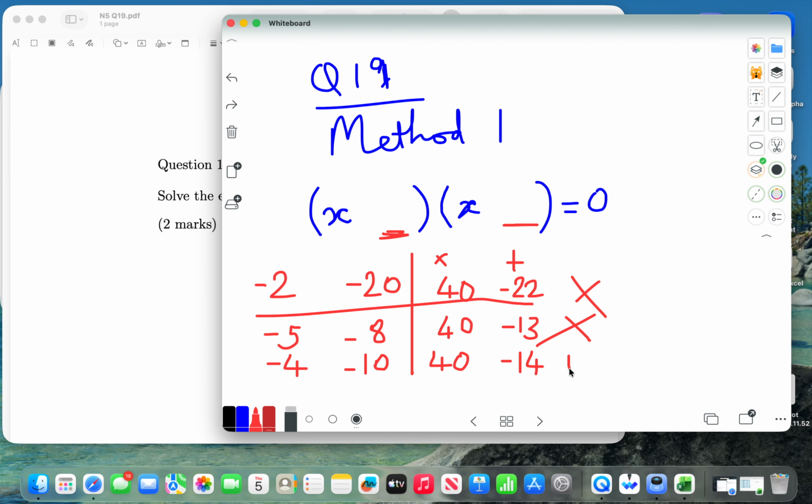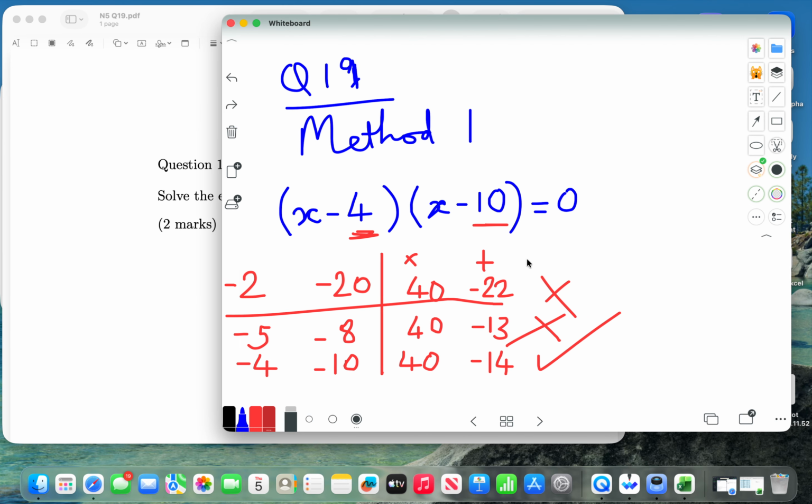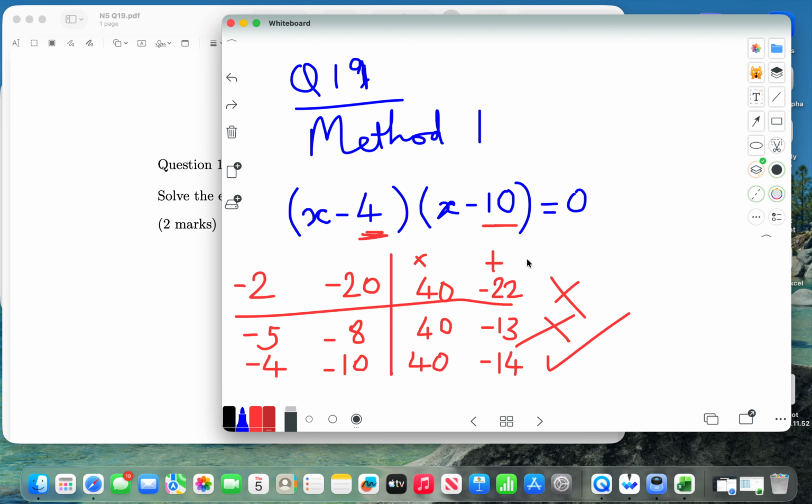So we can substitute x minus 4 and x minus 10 in the two brackets. So we have minus 4 here, and minus 10 goes in the second one. But if you stand back and look at this, both of these brackets are multiplying each other.